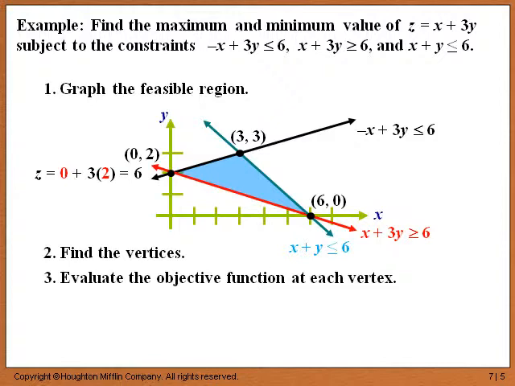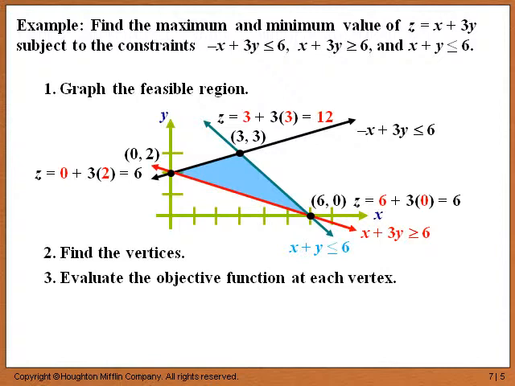When we do that, for the (0, 2) vertex, we get z equals 0 plus 3 times 2, and that equals 6. For the (6, 0) vertex, z equals 6 plus 3 times 0 equals 6. And for the (3, 3) vertex, z equals 3 plus 3 times 3 equals 12.